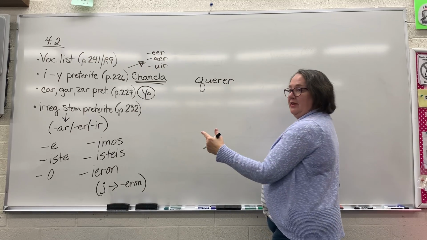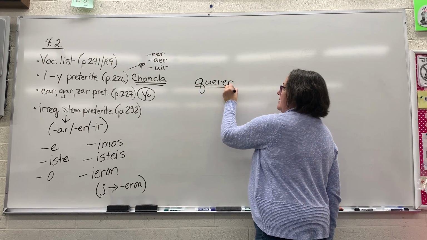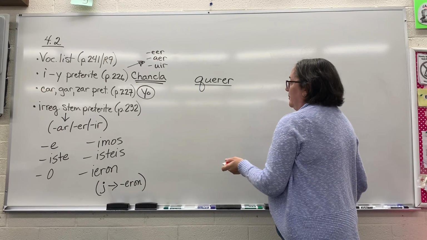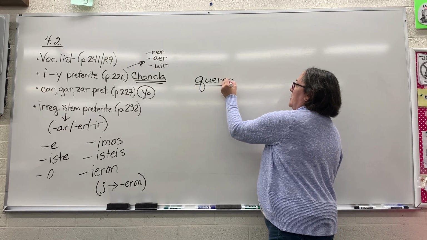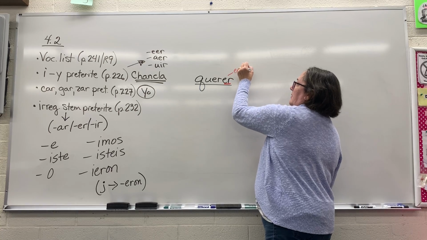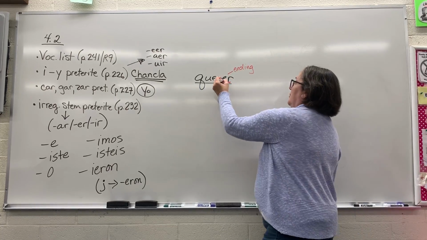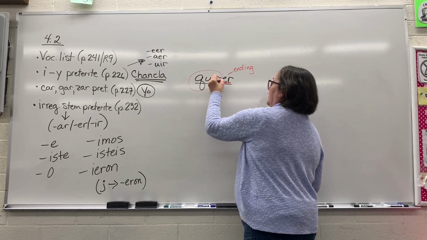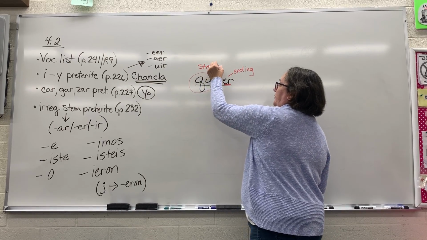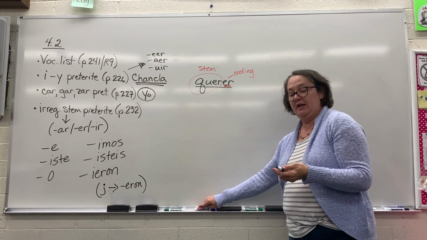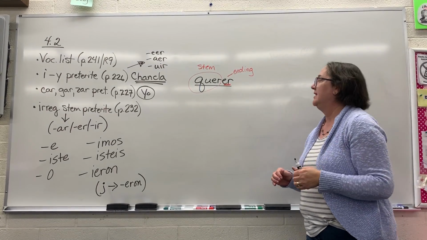So all of these irregular stem verbs, they have weird stems. Remember that we talked about what was a stem. We said that the last two letters are called the ending. And usually we take those off and we add stuff on. But whatever's left behind here is called the stem. In Spanish 1, most of your stems didn't change until the springtime when you started doing stem changer verbs.